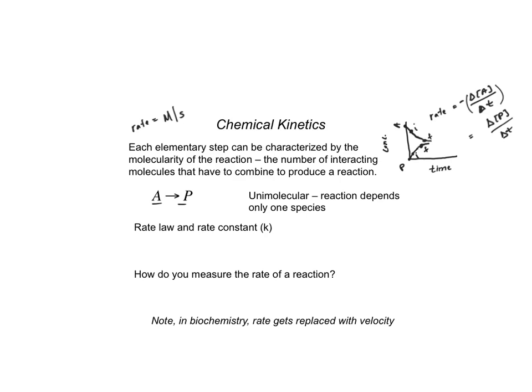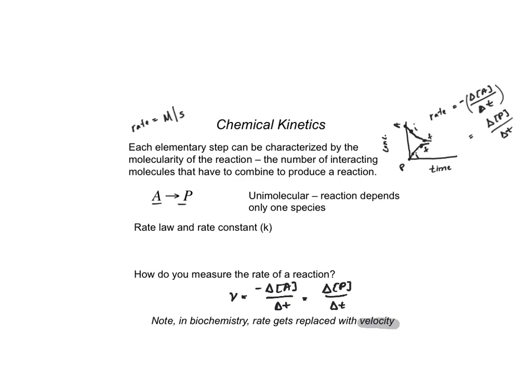So the rate of the reaction, for whatever reason in biochemistry, gets replaced by the word velocity. Okay, so velocity takes over for rate. I don't know why they do that, but we're just going to start using it now because we have to use it later. Okay, so I'm going to represent rate as a V for velocity. Okay, and again, we can measure the rate of the reaction as the negative change in A over change in time, or we can measure the rate of the reaction as the change in P over change in time.